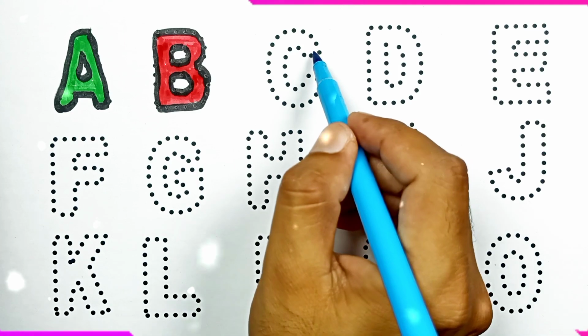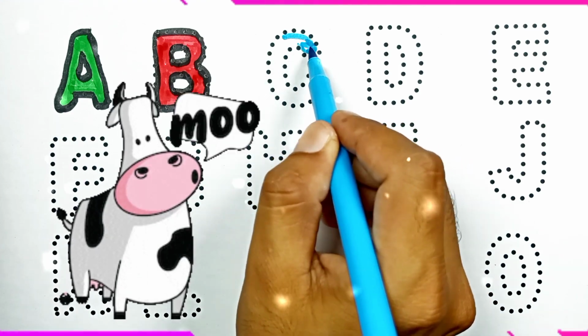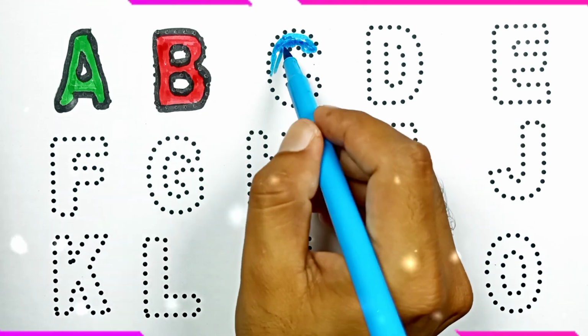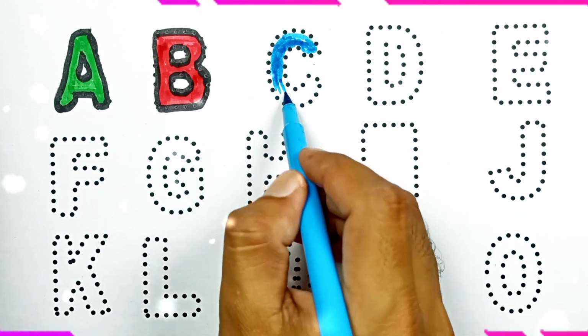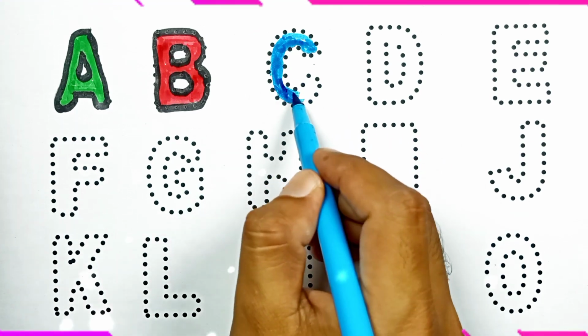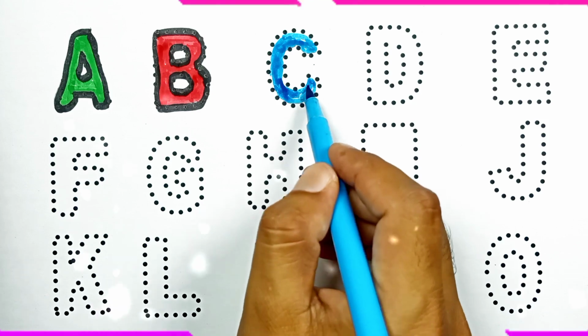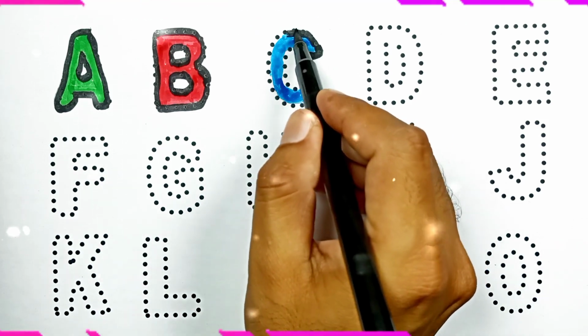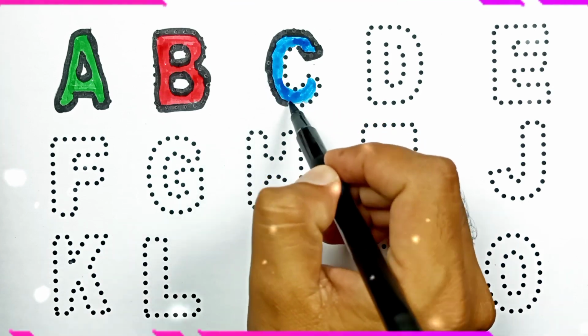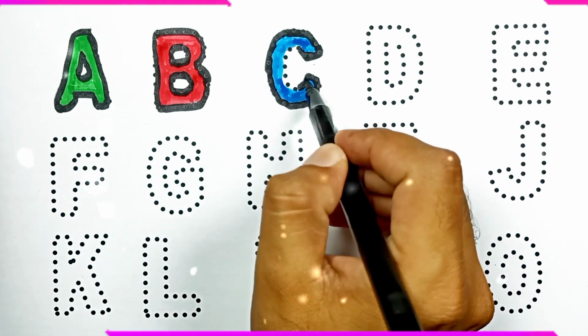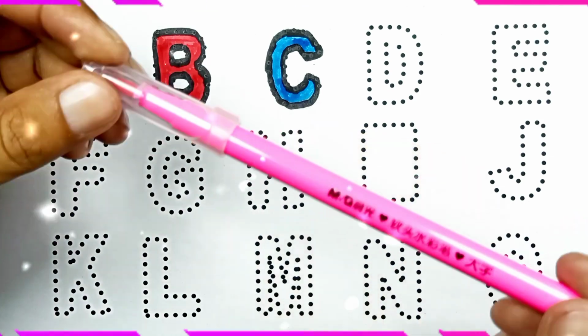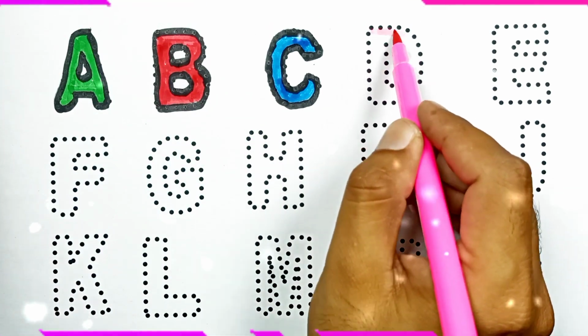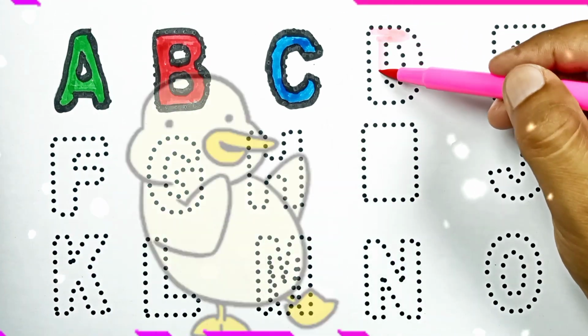Blue color. Coloring the C for cow. Tracing the C. Pink color. Coloring the D for duck.